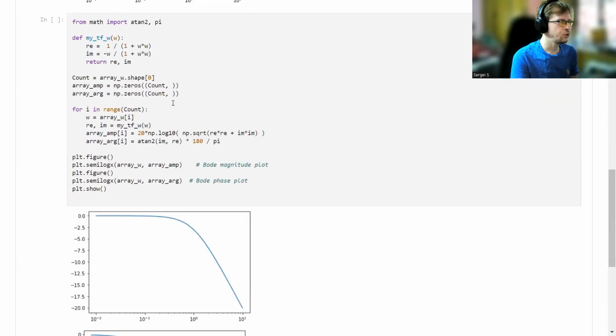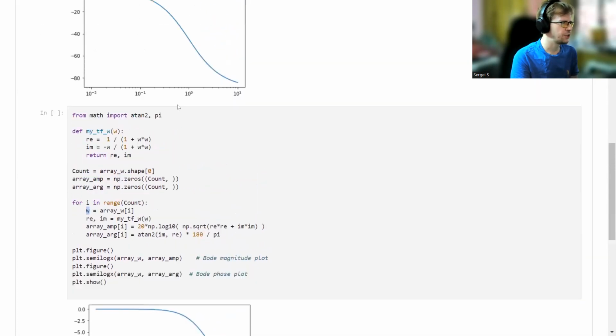Now, we could do the same thing as we did in the slides. So, for example, we can define here our real part of our transfer function when we substitute G omega, here's our imaginary part. Then we can just go through all frequencies from what spectrum we go.